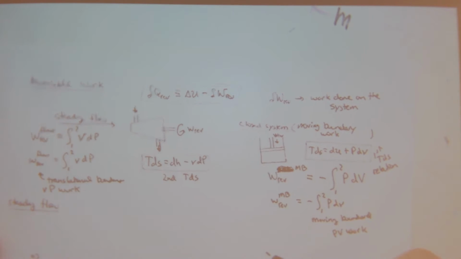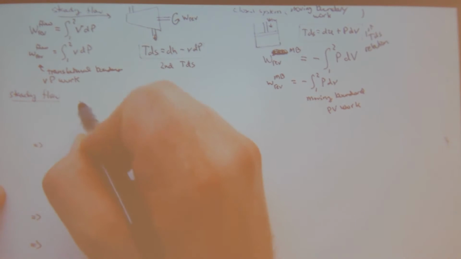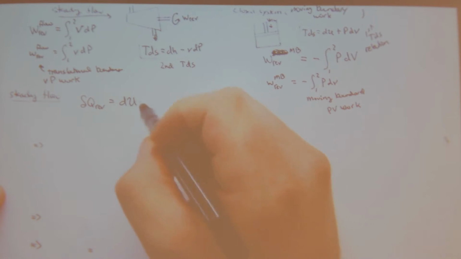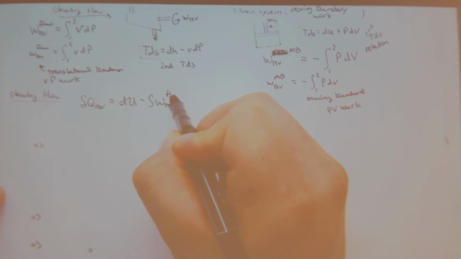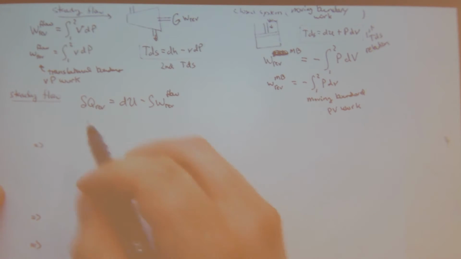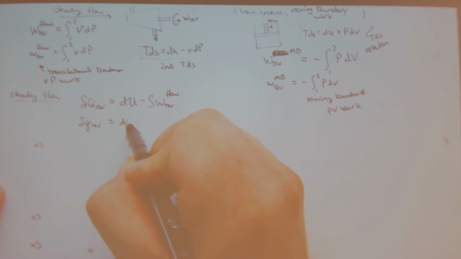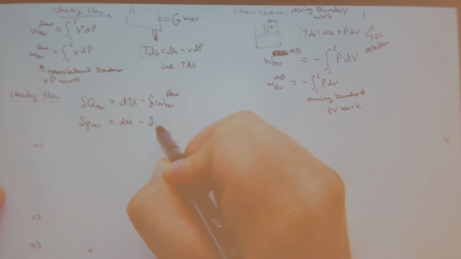Okay, so let's go back to the reversible work. So we have steady flow, reversible work. I still have the same first law expression, q equals du minus integral of work reversible flow. I can make it small q, make it small u, make it small w.